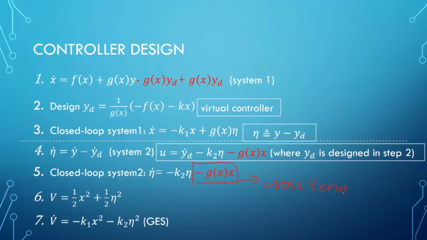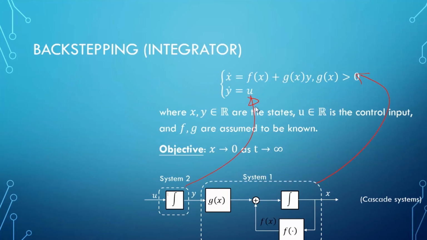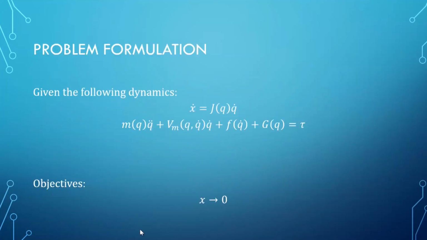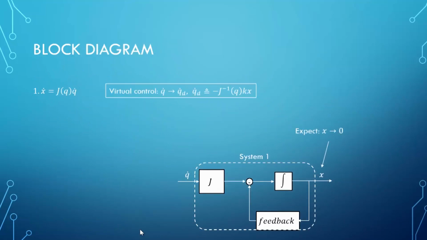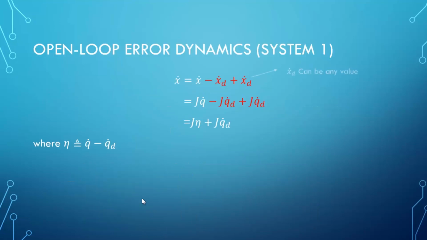If you don't design this cross term in your control, this term will be considered a bad term and will remain in the system, and that prevents you from getting global asymptotic stability. So this is a simple first order case, and we will mention a higher order case in the future.